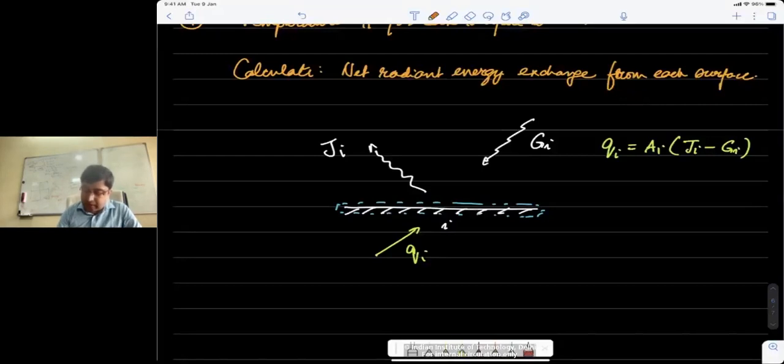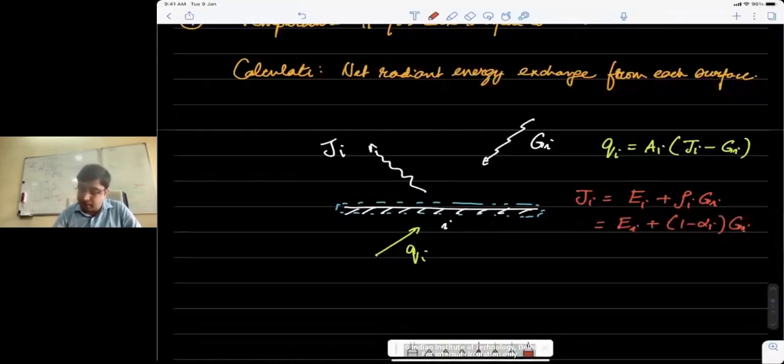Now, the way we define radiosity is, it is the emission from a surface plus any reflection of irradiation. So rho i being the reflectivity, and Gi being the irradiation, we can write Ji in that manner. Now, because the surface is opaque, rho i becomes 1 minus alpha i.